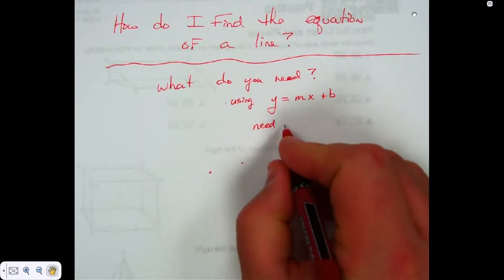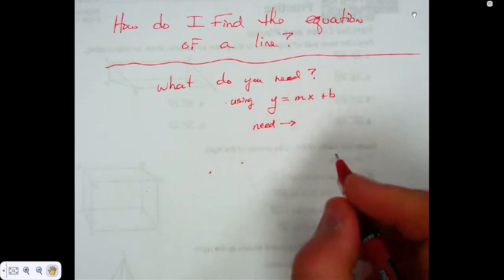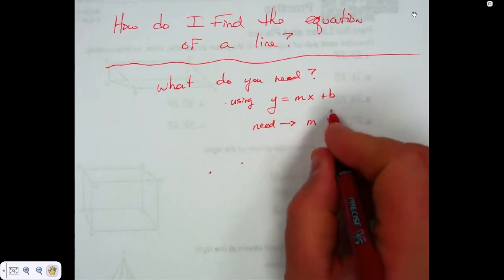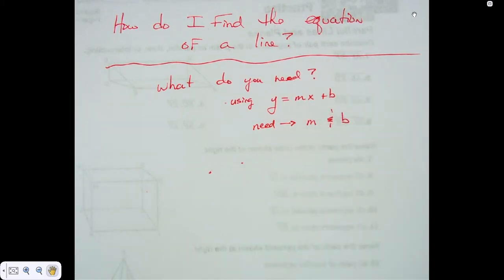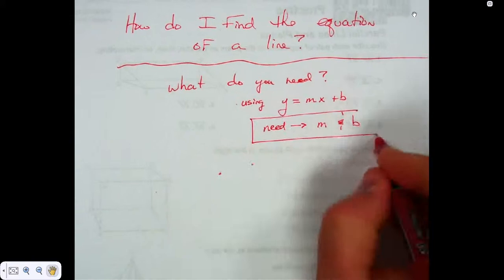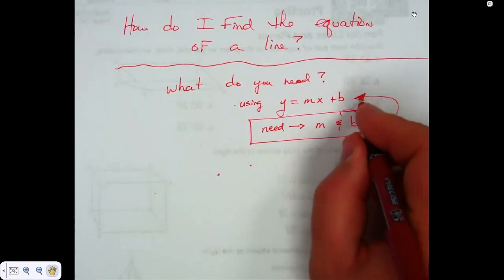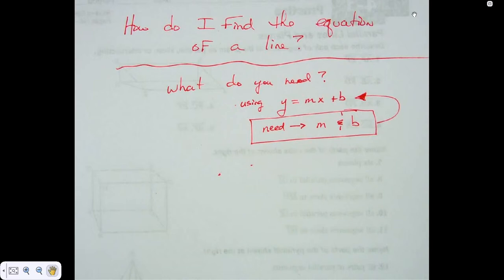The slope and the y-intercept. You would need m and b, right? Aren't those the things that become numbers? So if you're given m and b, just plug them in there and you have the equation of the line, don't you?